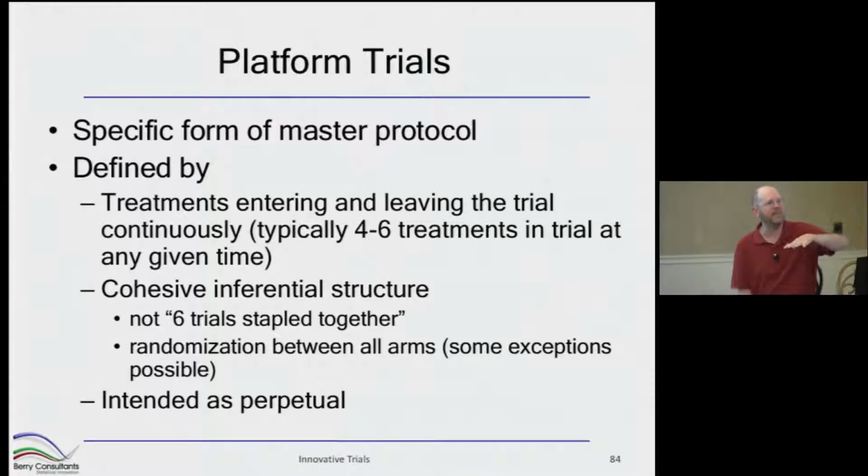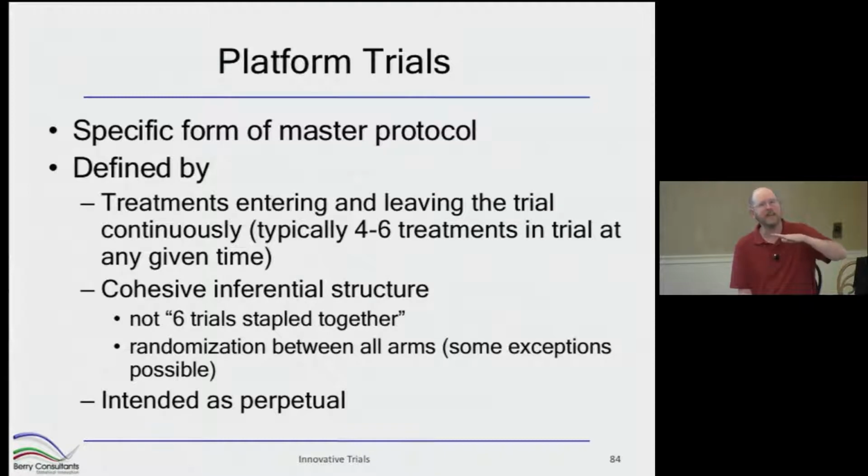What happens is patients, when you come into this trial, if there are 6 treatments running in it, you can get randomized to any of the 6 treatments. So it all has a single umbrella that decides randomization, and it has a single umbrella that describes the analysis structure.